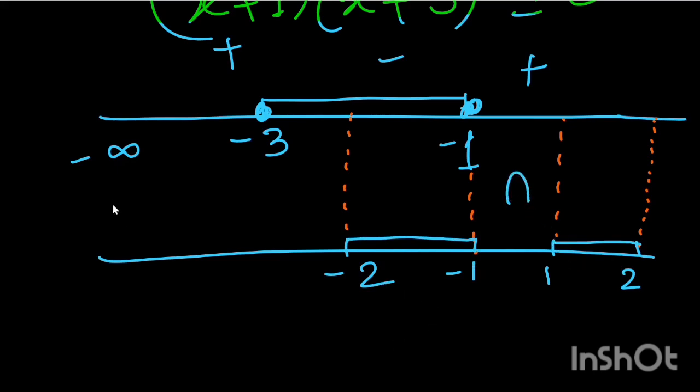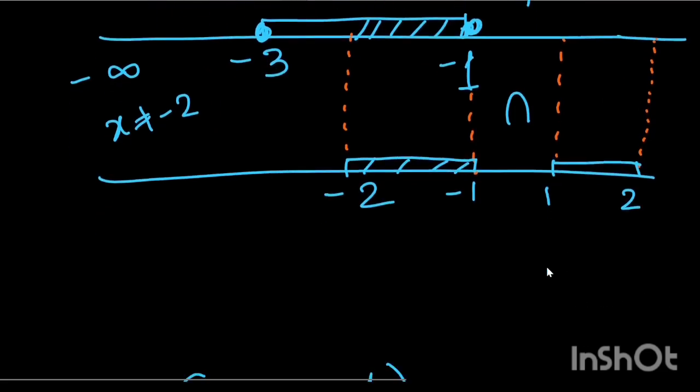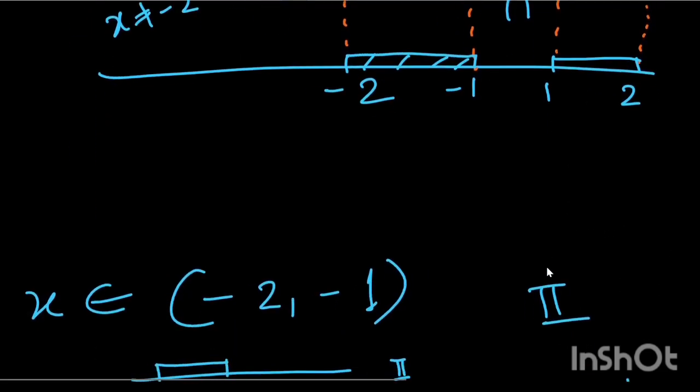Clearly here you can see x not equal to minus 2 we also need to take care of. So if you take the intersection, the common area of minus 2 to minus 1 is this only, guys. So minus 2 to minus 1 would be the answer of the second part.